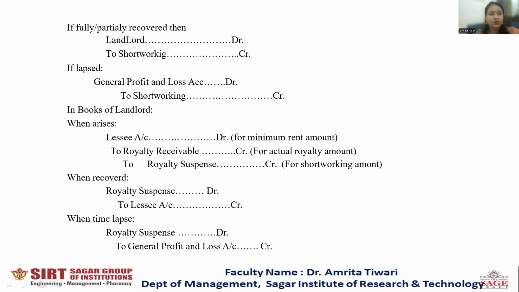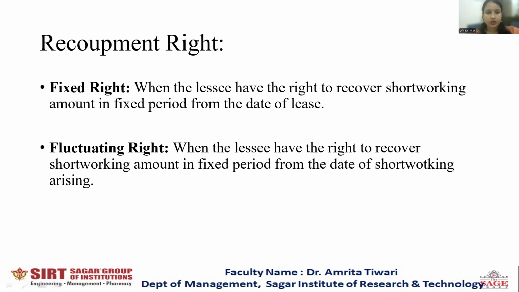If it is lost, general profit and loss account is debited and short working is credited. In the books of the landlord, when short working arises, the lessee account is debited, the royalty receivable is credited for the royalty account, and royalty suspense is credited for the short working. When recovered, royalty suspense is debited and lessee account is credited. When the time lapses, royalty suspense is debited and general profit and loss account is credited.